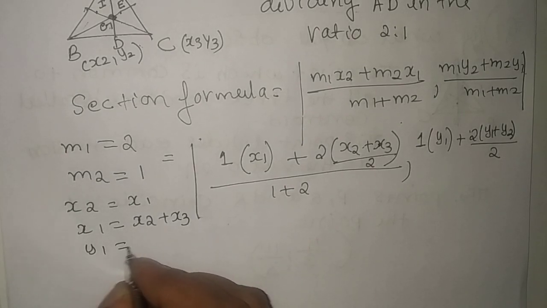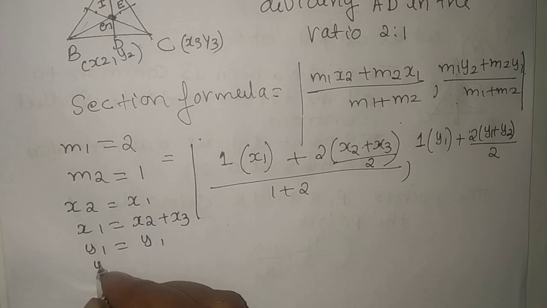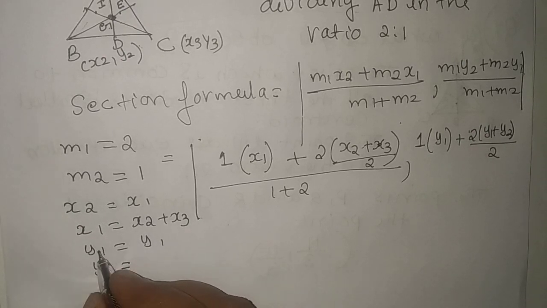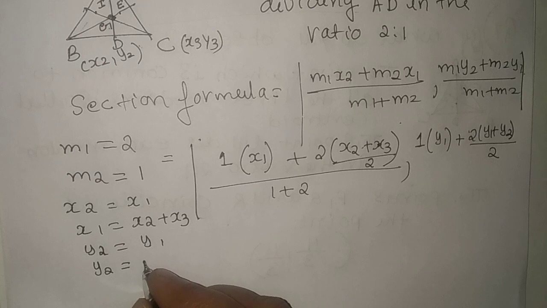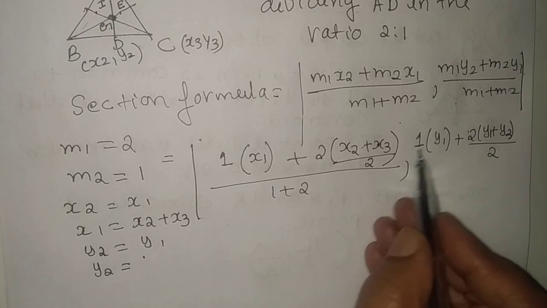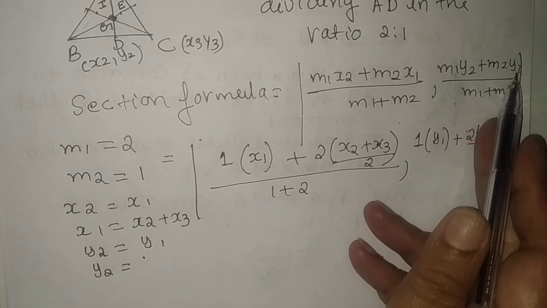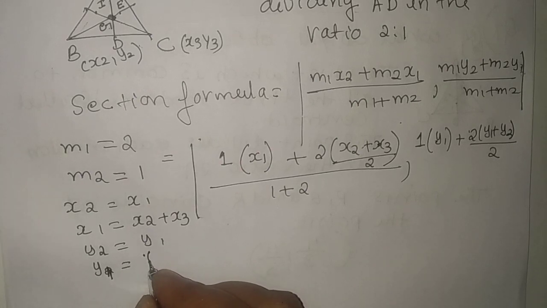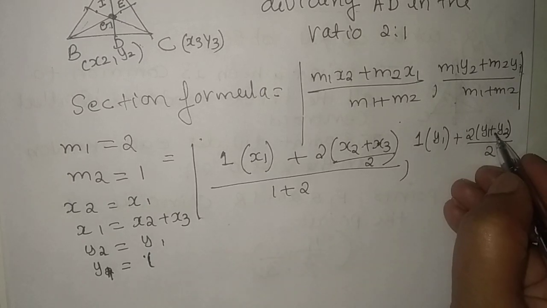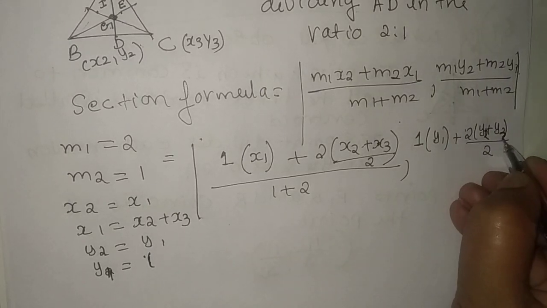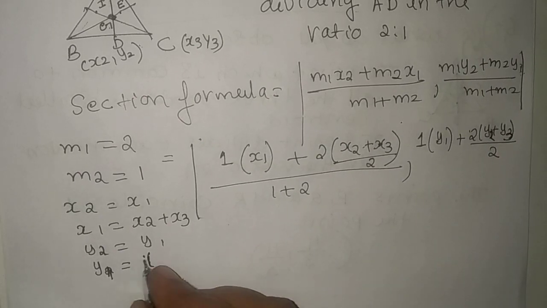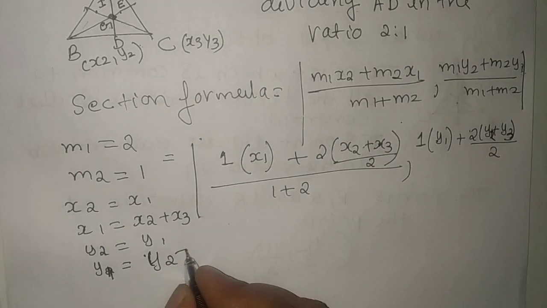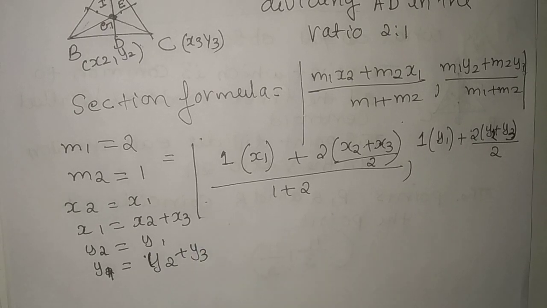Similarly, y1 will be y1 and y2 will be y1, y2 will be here, this one, y2 will be y1, and then y1 will be y2 plus y1, this is y2, then this is 3. So I made a mistake here, y2 plus y3. So these are the data.